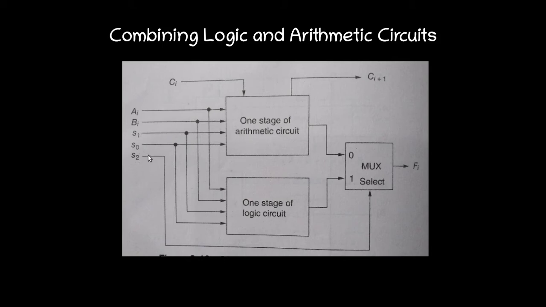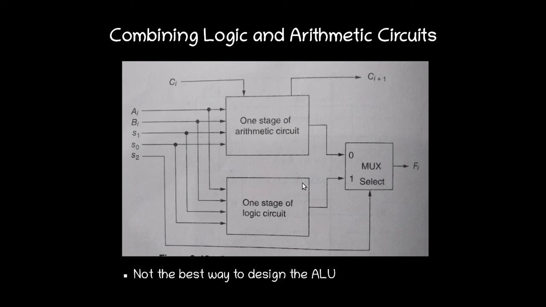But based on the S2 value, any one of them will be selected as output, either logic or arithmetic. If the S2 value is 1, then the output of the logic circuit will be available here, and if S2 is equal to 0, then the output of the arithmetic circuit will be available through Fi. So both arithmetic and logic operations will be performed, but only one of them will be selected based on the S2 bit.